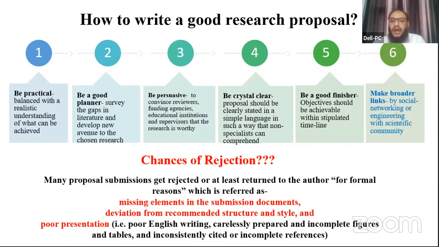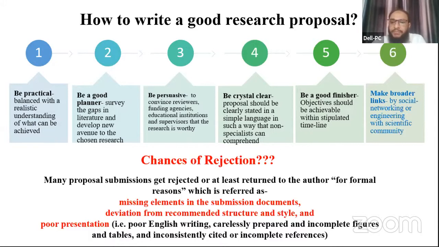It means our aim, objectives, and concepts should be crystal clear, otherwise our proposal will not be clear. So before writing, we should have our own concept crystal clear, and write the proposal in simple language such that a non-specialist can comprehend and easily understand what the proposer wants to say.